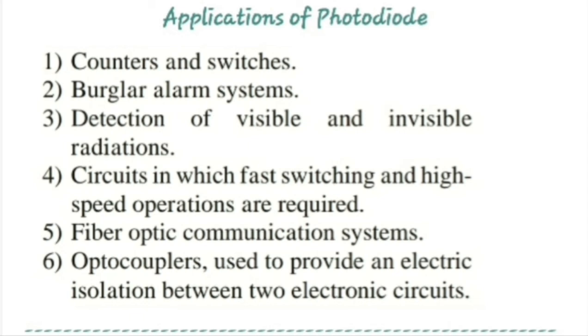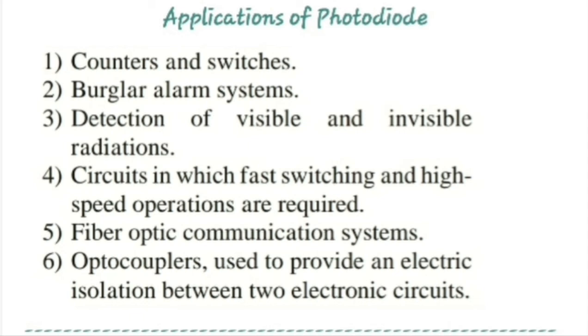Another application is circuits in which fast switching and high speed operations are required. As the speed of photodiode is very fast, we can use it for fast switching operations. It is also used in fiber optic communication, which is a very common type of communication system.